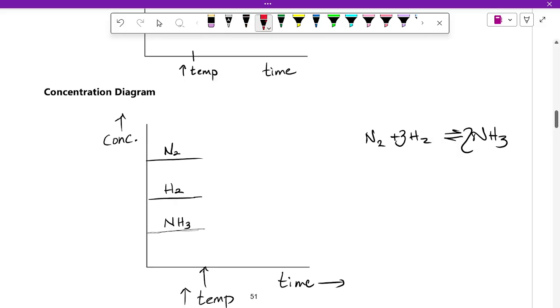And remember, this was our energy here. So our forward rate is faster than our reverse rate. Tell your partner what will happen to each of the concentrations.